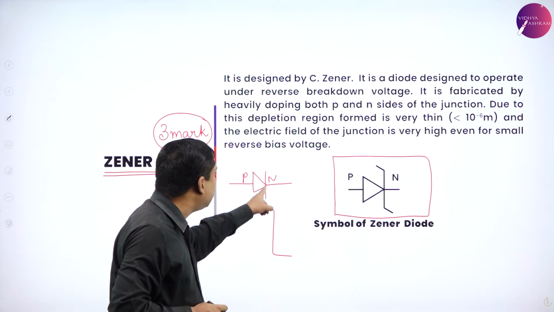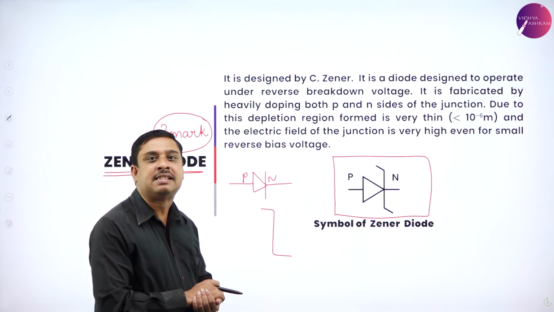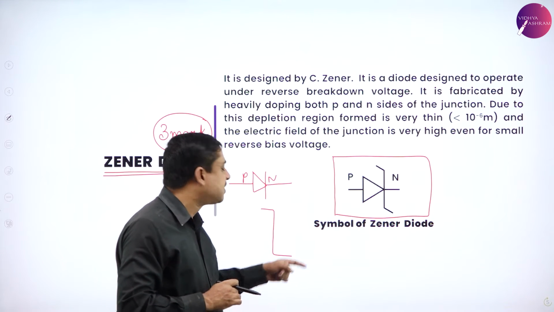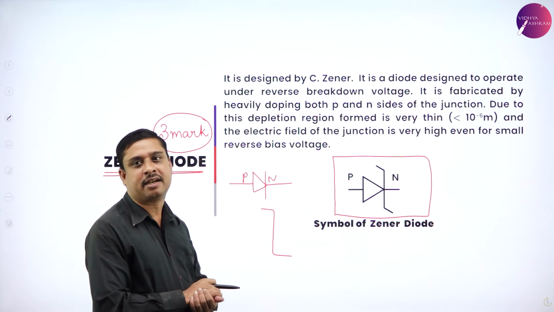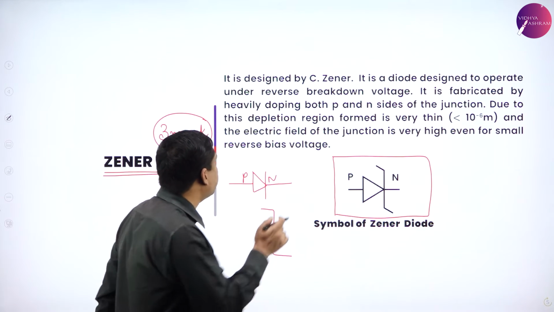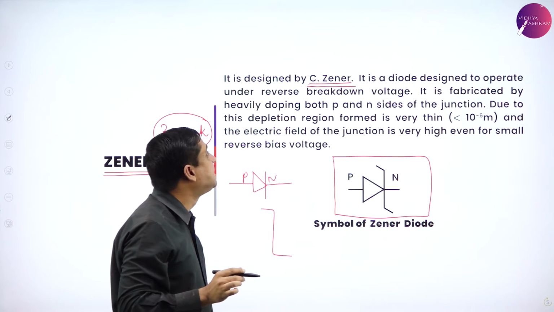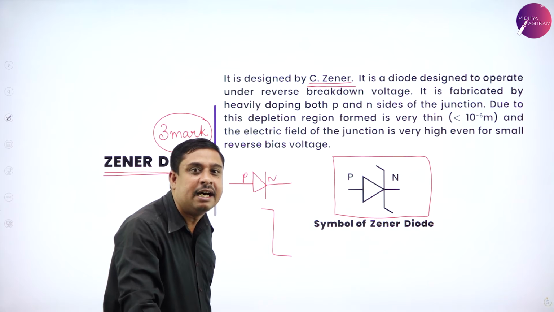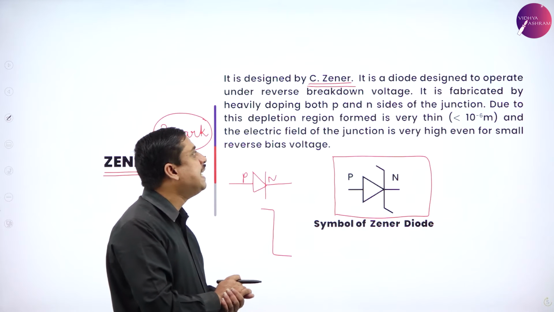If the N side is indicated by a straight line, it is a PN junction diode. If it is represented by Z, it is a Zener diode. The Zener diode was designed by the scientist C. Zener.